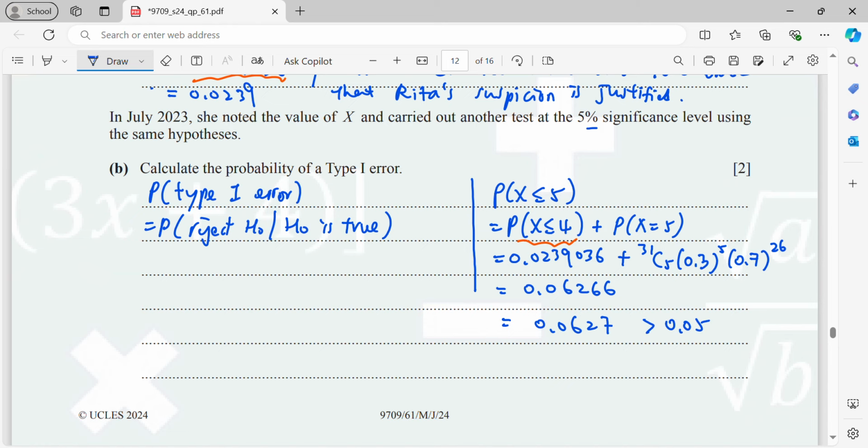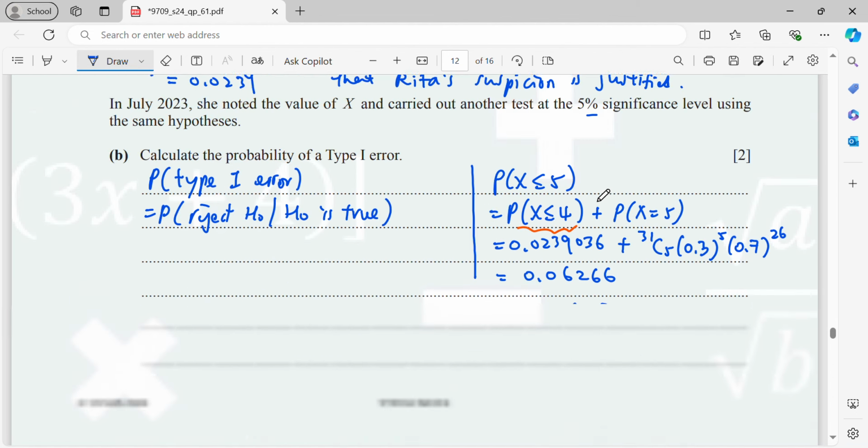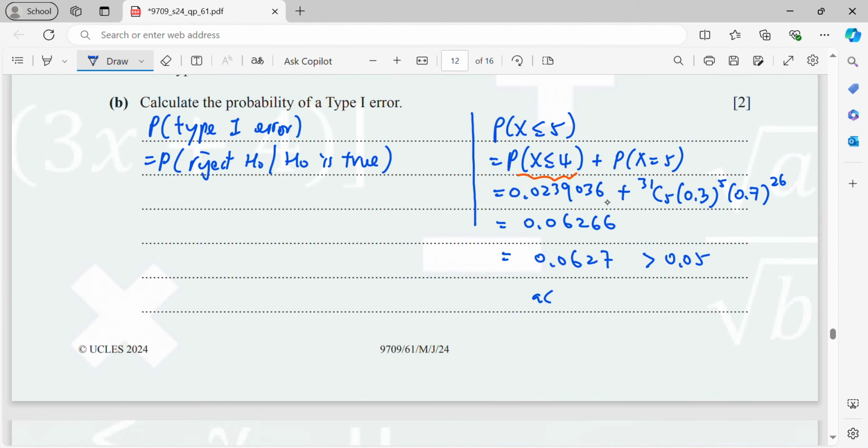So when it is greater than 0.05, go back to the decision criteria: reject H0 if it is less than 0.05. That means now here, this is accept H0, or do not reject H0. So when we consider X less than or equal to 5, which means at most 5, we do not reject H0.